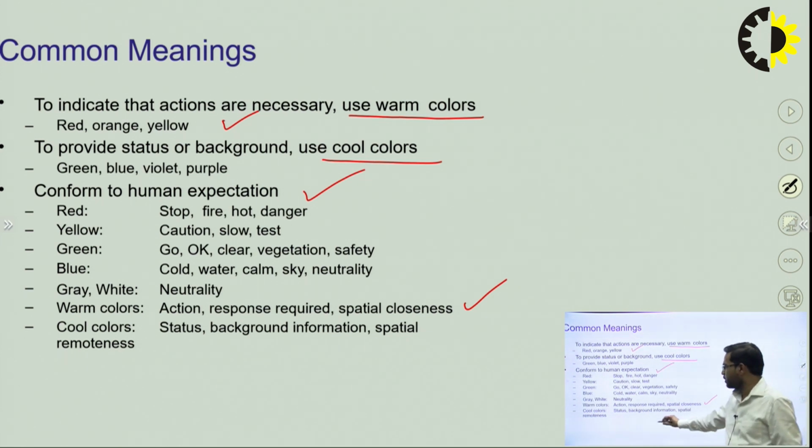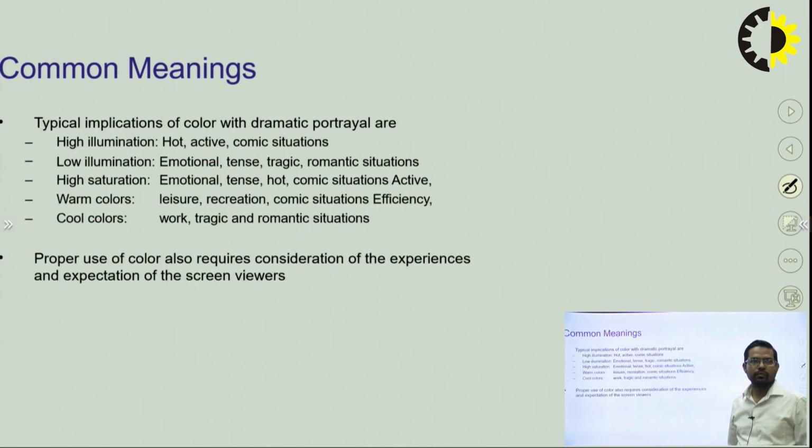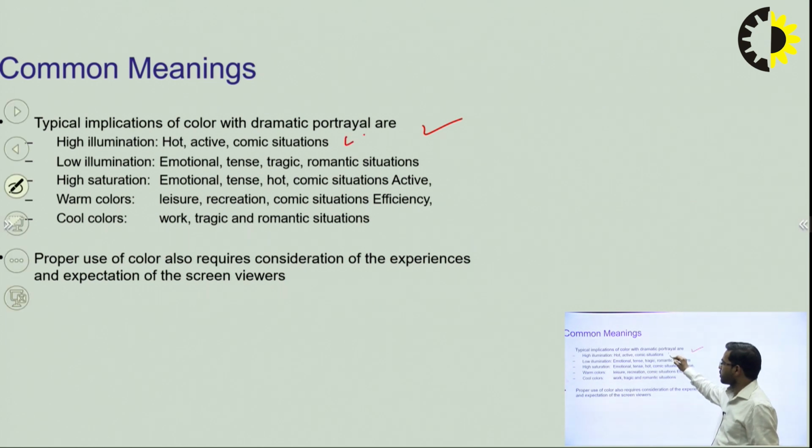And status, what kind of status is there? Status where no action is necessary, background information, and spatial remoteness are indicated with cool colors. Common meaning, typically the implementation of color with dramatic portrayal: high illumination color basically represents hot, active and comic situations.